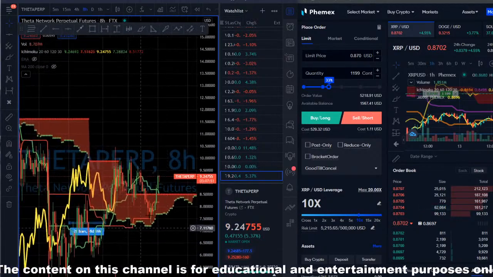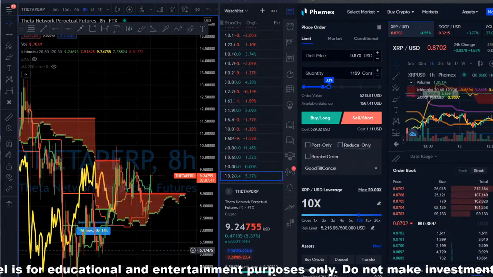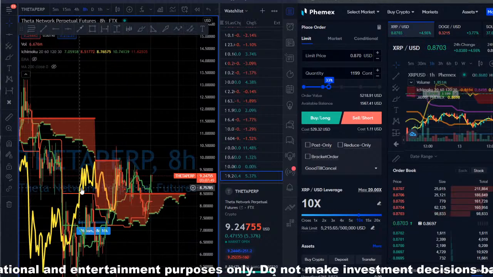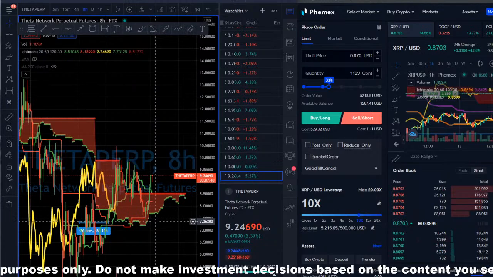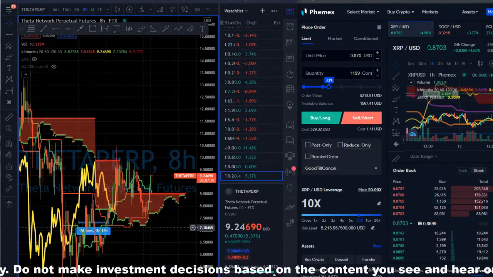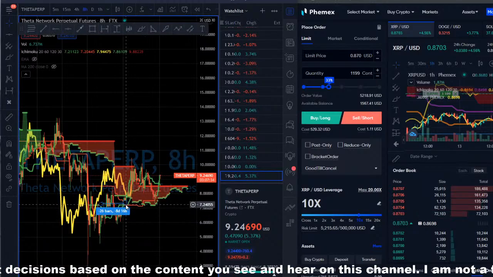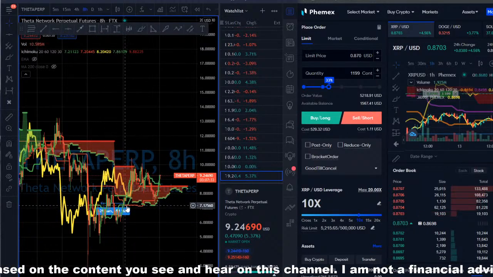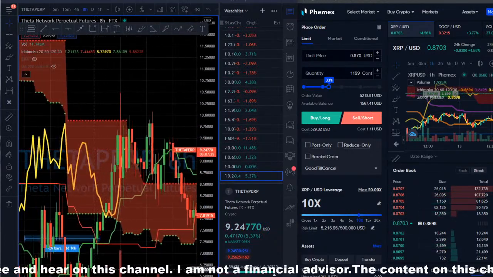So the way you look into the future on Ichimoku is you look in the past. So wherever you have the bullish cross, right?